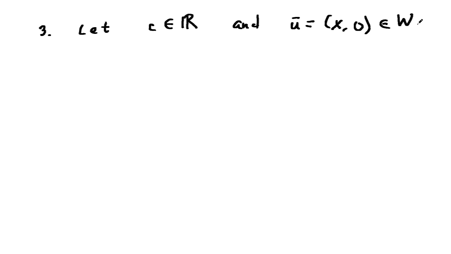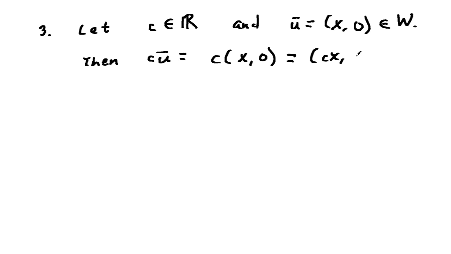Now for the third property, let C be a scalar and let u be some element (x, 0) in W. Then C times u equals C times (x, 0), which is (Cx, C0), but C times 0 is 0.